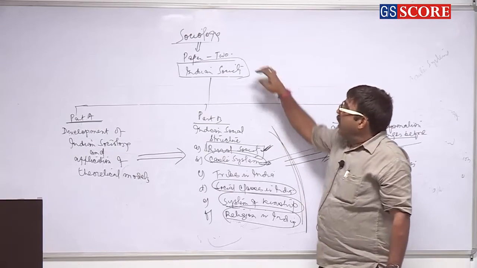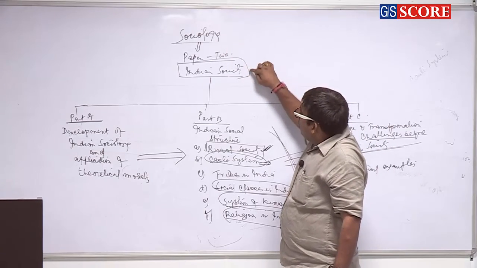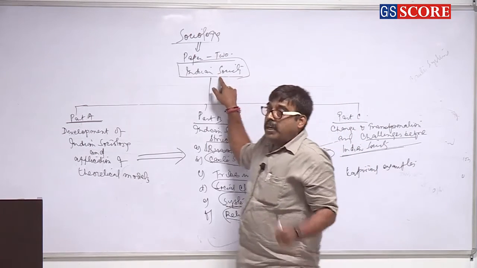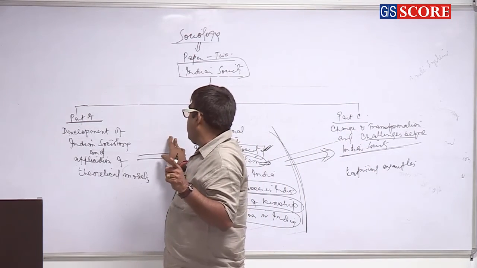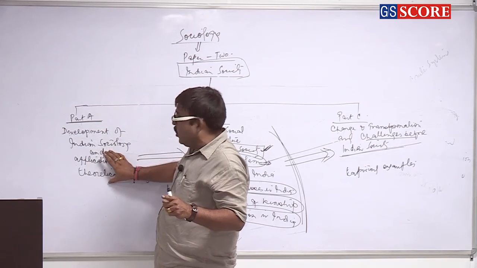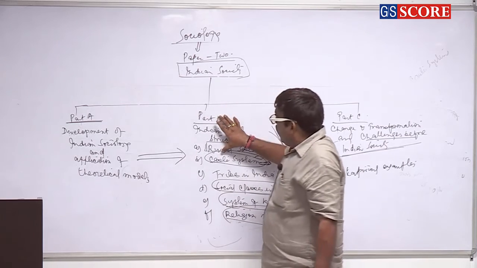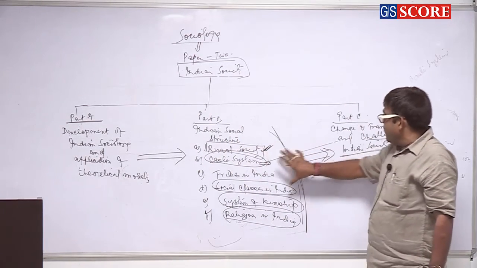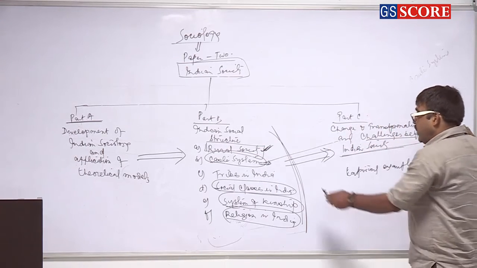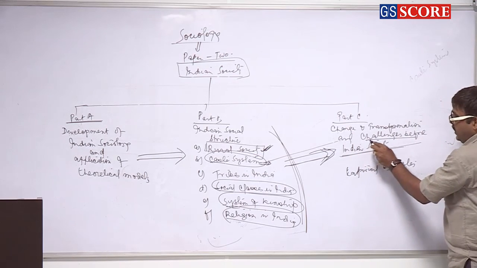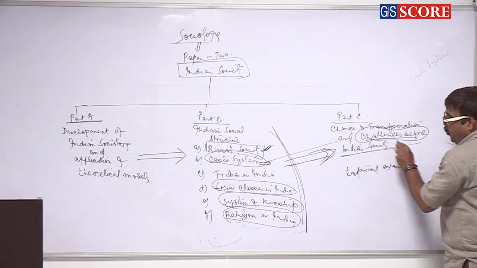Hence, rather than going by units in Paper 2, there is only one unit, that is Indian society. It has three facets, which are the requirement of the syllabus: to understand how sociology has developed, what theoretical models have come out, the basic conceptual clarity of social structures and the changes in them, and in this process of change, what kind of challenges have emerged before Indian society.